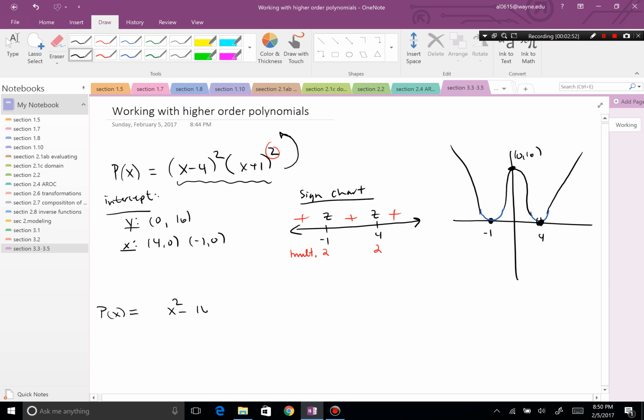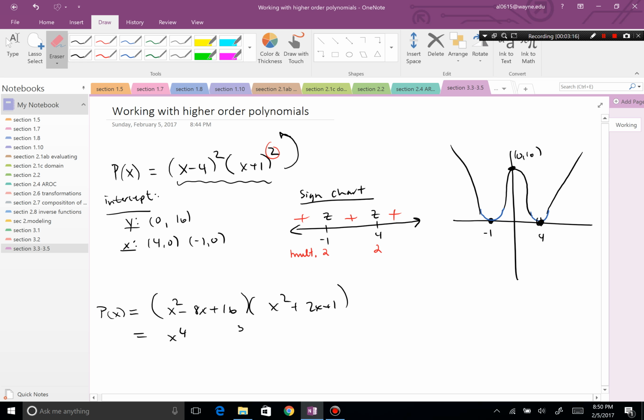x squared minus 8x plus 16. What am I doing? I'm just multiplying it together. Times x squared plus 2x plus 1. And if we multiply this out, we get x to the 4th plus 3x cubed plus, what's 3 plus that? So this is going to give me -5.